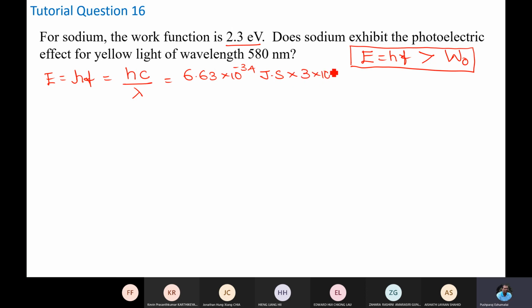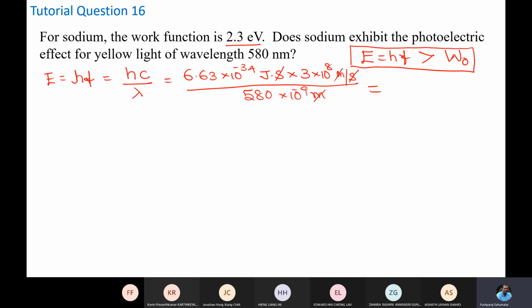Speed is 3 × 10^8 meter per second, divided by lambda. What is lambda? 580 nanometer. So meter gets cancelled and the answer is in joules.